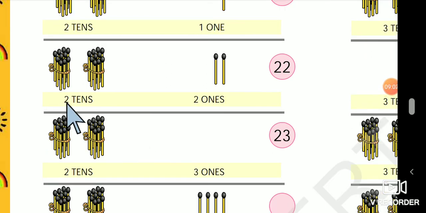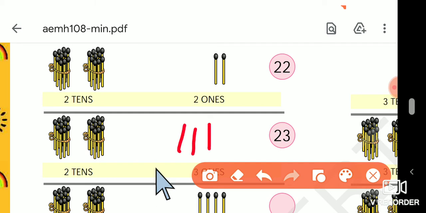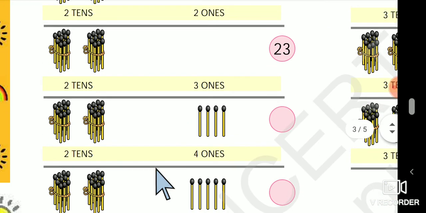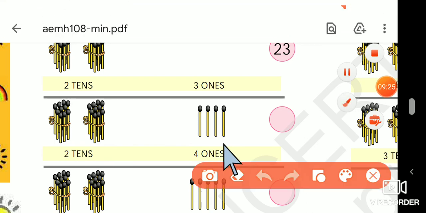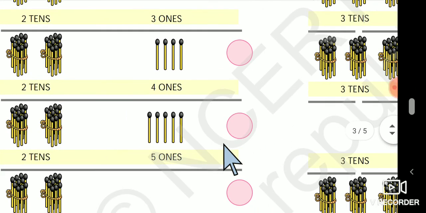Two tens and 2 ones is equal to 22. 2 tens and 3 ones is equal to 23. Draw the 3 loose matchsticks. 1, 2, 3. Next, 2 tens and 4 ones is equal to 24. 2 tens and 5 ones is equal to 25.